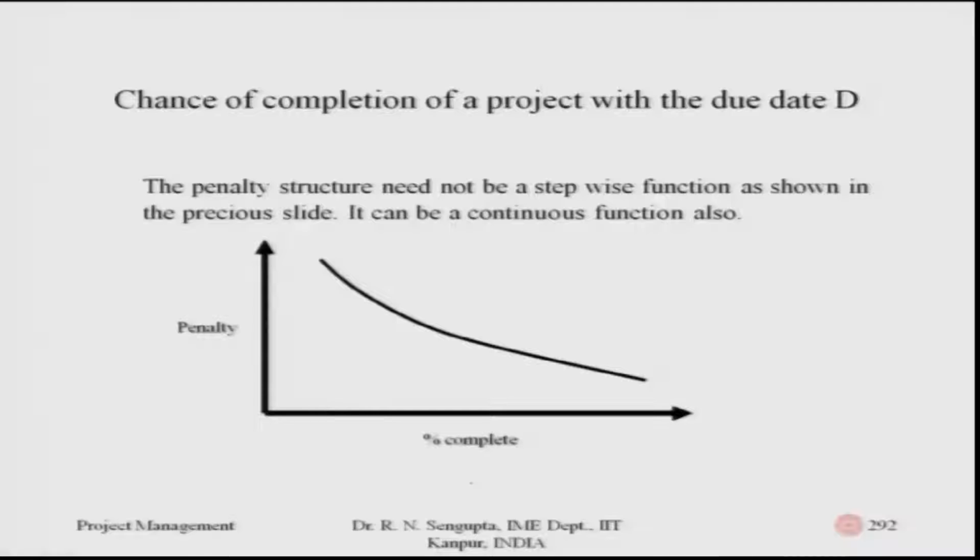A penalty structure need not be a stepwise function, as I just mentioned. As shown in the previous slide, it was a step function. So, within 91 to 99 some cost, within 85 to 91 some cost, and based on that you calculate. But in case you have a cost structure which is non-linear, what would be important is on two accounts.